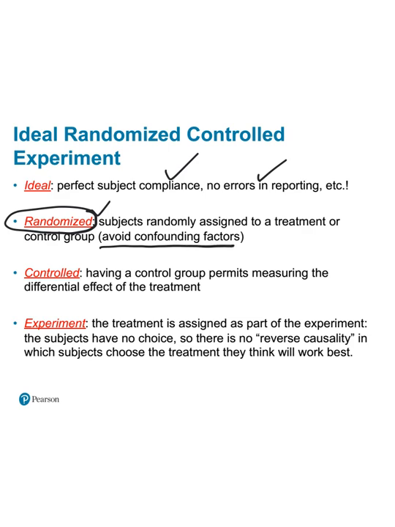In addition to having small classes, because we're trying to identify the impact of small classes on average test scores relative to large classes, we need that control group. Right? So having a control group permits the measuring of differential effects of the treatments. So sometimes this is problematic.